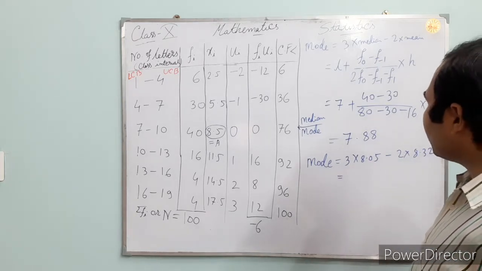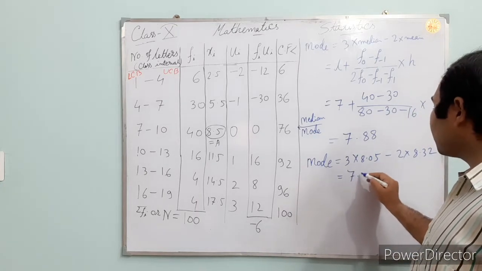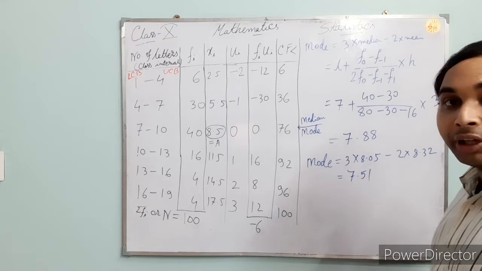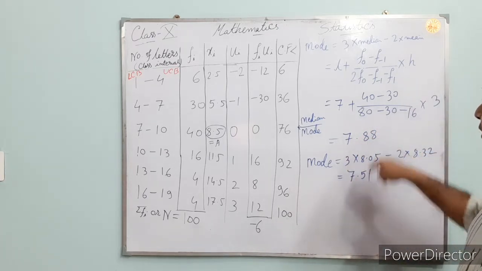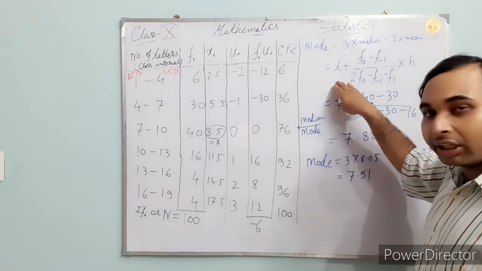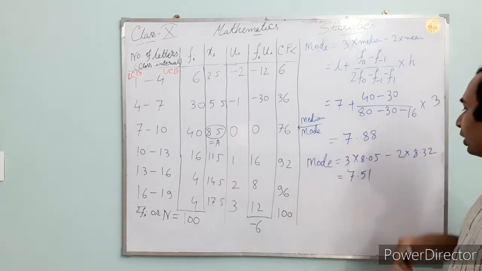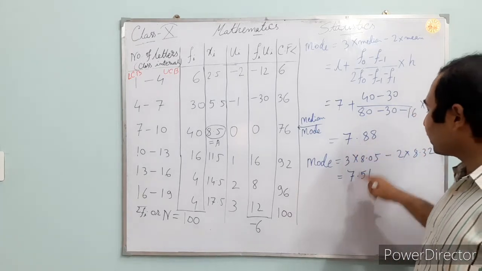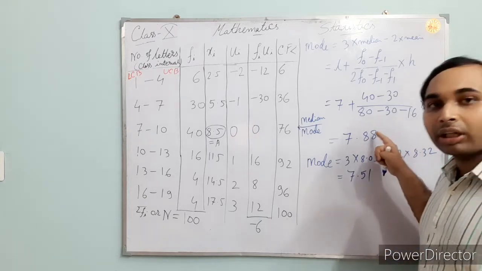If you calculate this one, actually I have calculated previously, it is coming 7.51. So just see the value differs here. This is also a straightaway formula, another formula with the help of median and mean. But also those values are so much near. But also some difference is there.